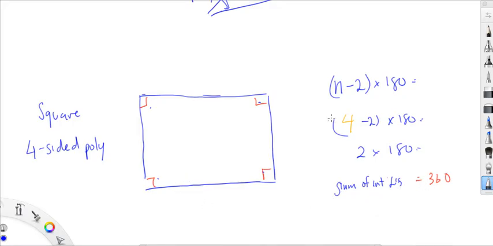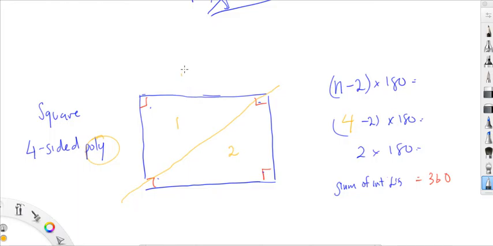Right, so how does the formula work? It's because with these polygons, we can cut them up into triangles. Yeah, these regular polygons, so it's a triangle, here is a square. We can cut it up into triangles. Look at this. There's one triangle here, and there's one triangle here.